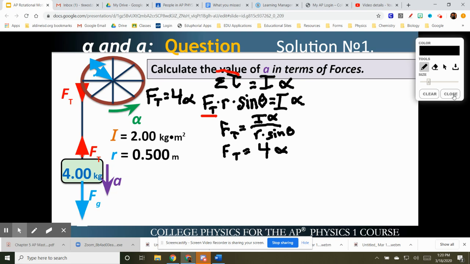We want to solve for linear acceleration, and the only way that we can solve for linear acceleration of the block is to get the force of tension, because that's the connection in the system. There's a connection between the pulley and the block, and that connection is the force of tension. So the only way we're going to go from the wheel to the block is to look at the pulley first and then go down to look at the forces existing on the block so that we can get this A over here.